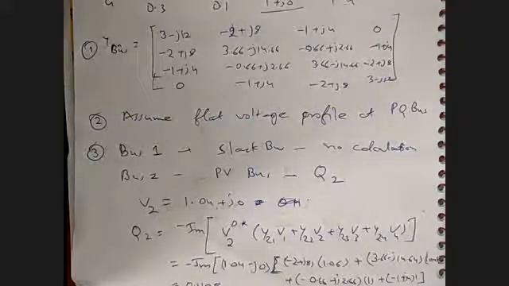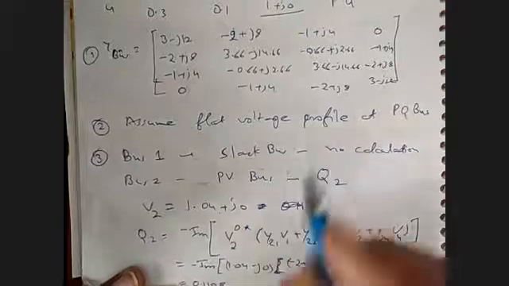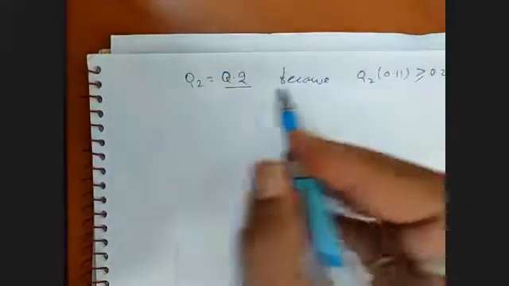And because Q2 calculated is less than the minimum limit, so we will set Q2 equal to 0.2, because Q2 0.11 is less than 0.2, that means we have to set it to 0.2.